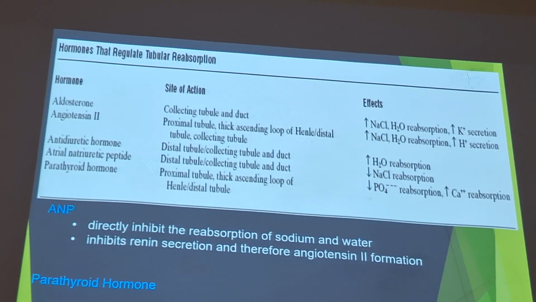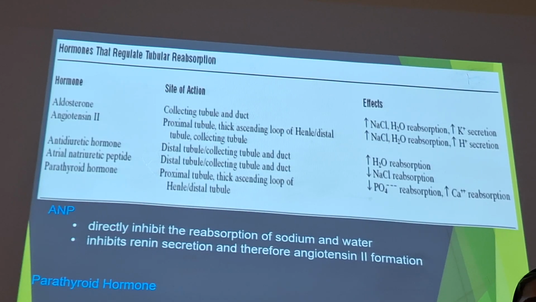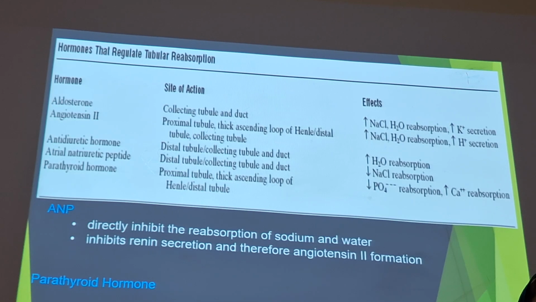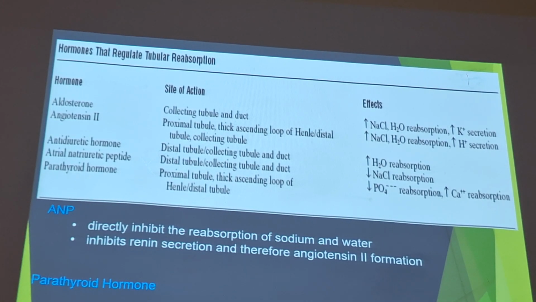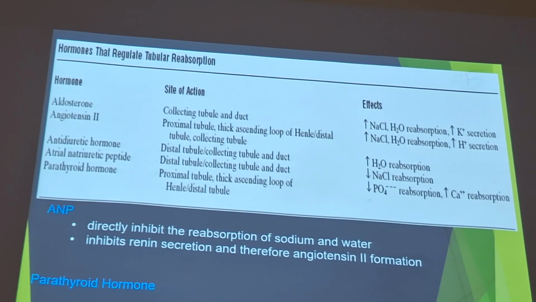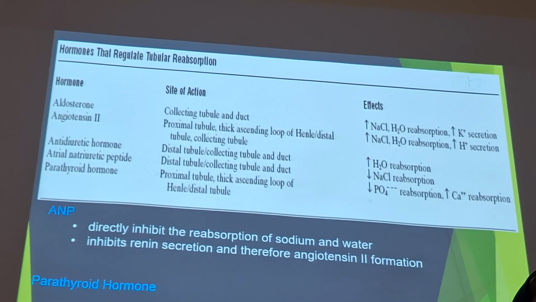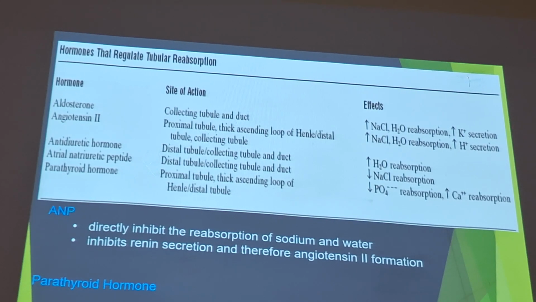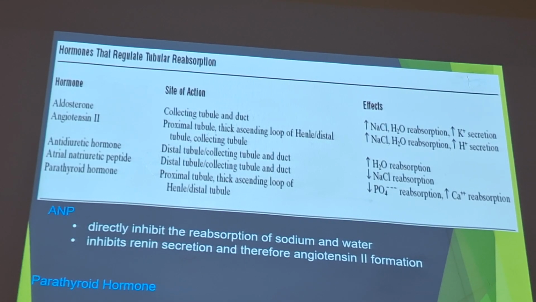The next one is ANP. Do you know ANP? Atrial natriuretic peptide, ANP. ANP is released from atrial cells when blood volume increases.